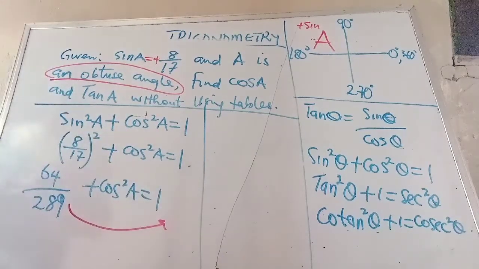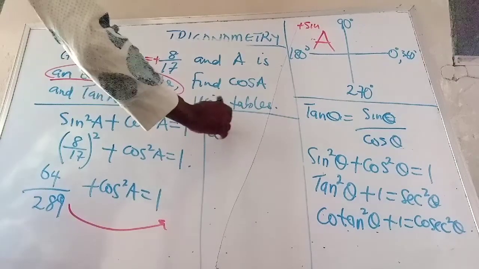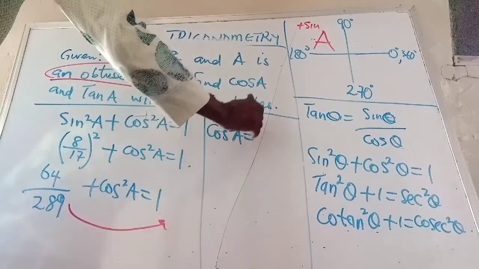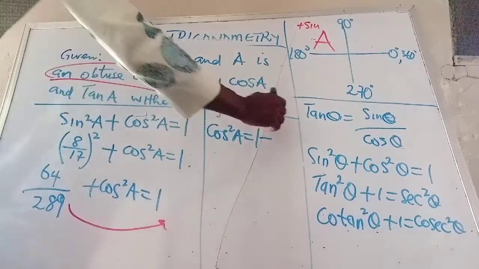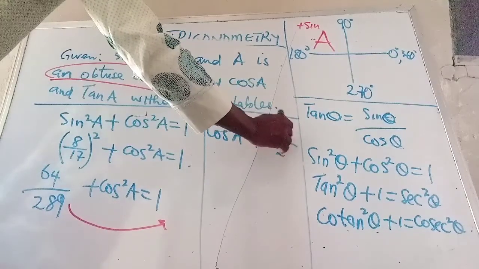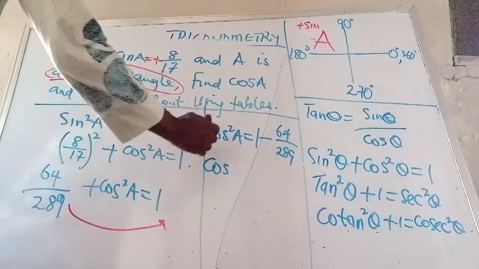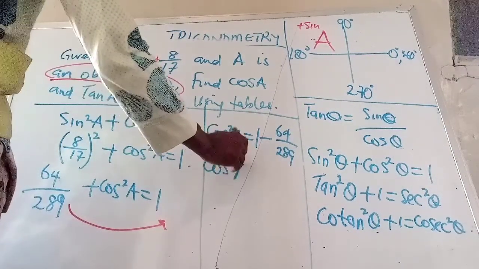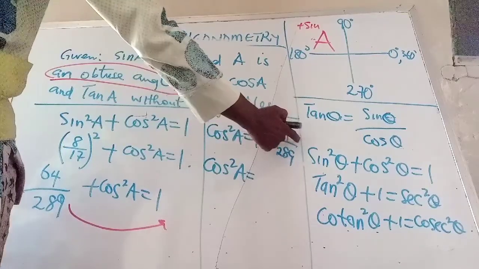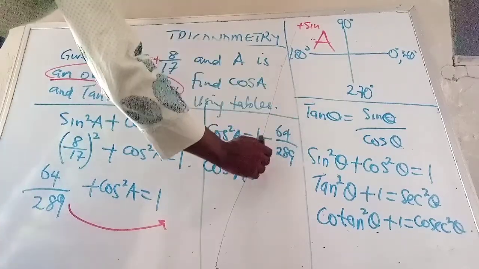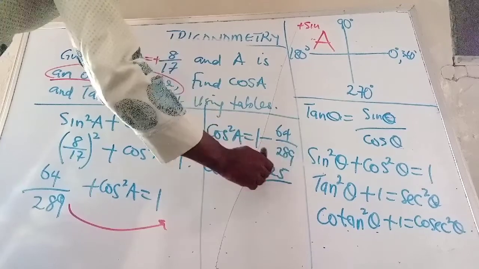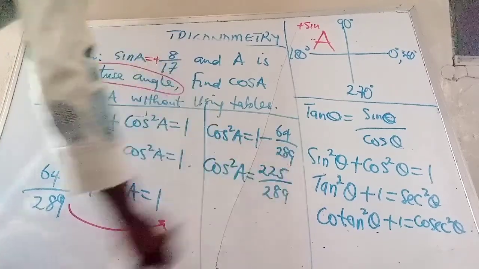That means cosine square of A will be 1 minus 64 over 289. If you subtract this fraction from 1, it will give you 225 over 289.